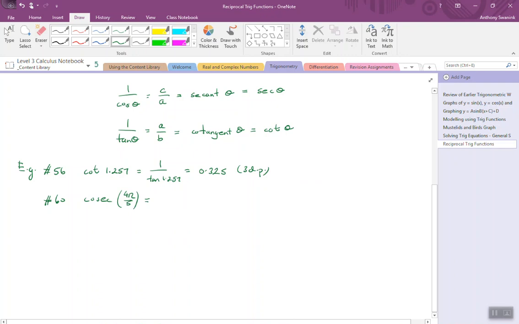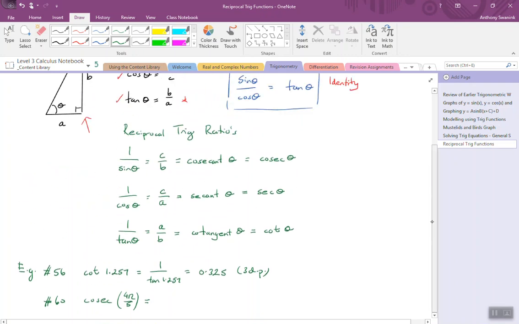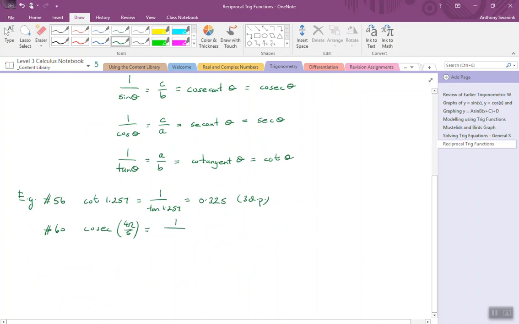I suppose we could try and see if we could use a special triangle, but really I think we can just see what this might be, perhaps in degrees, and then see if we can write it as a fraction of pi. We'll try that. This will be for cosec. Remember, that is 1 over sine. So I'm going to go 1 over the sine of 4 pi over 5.